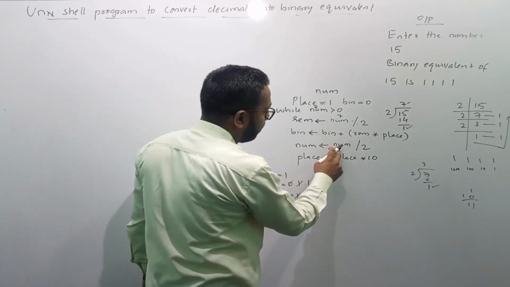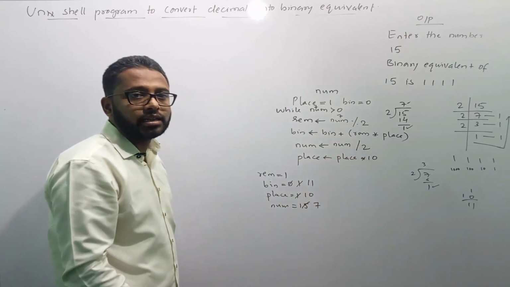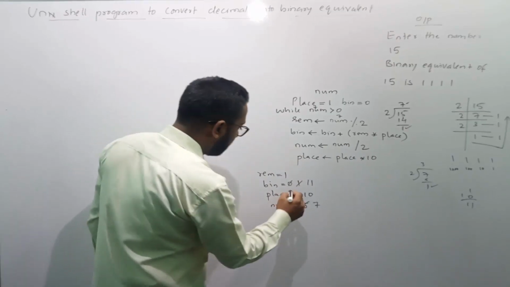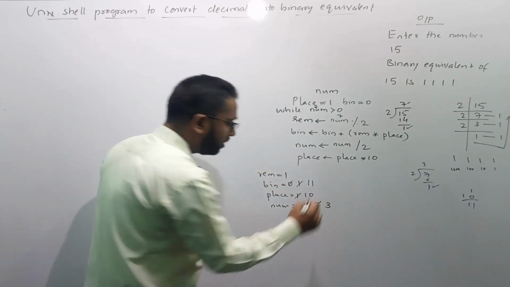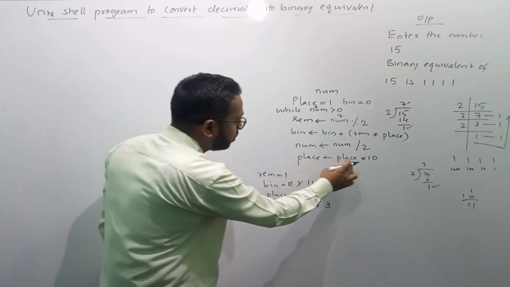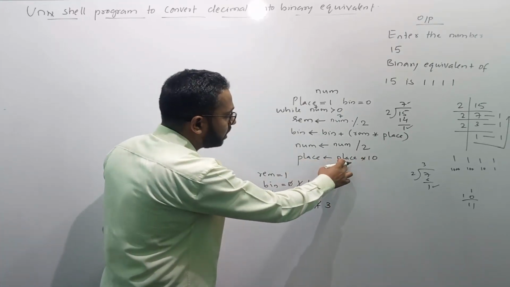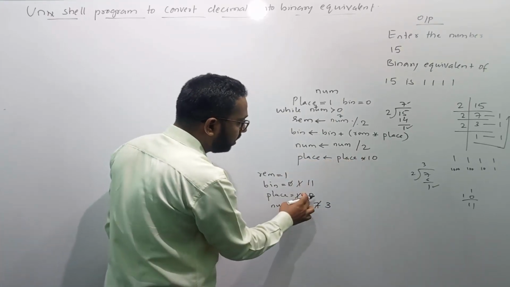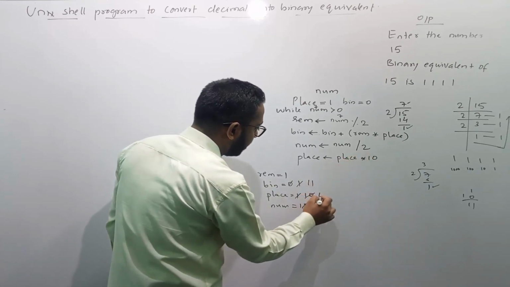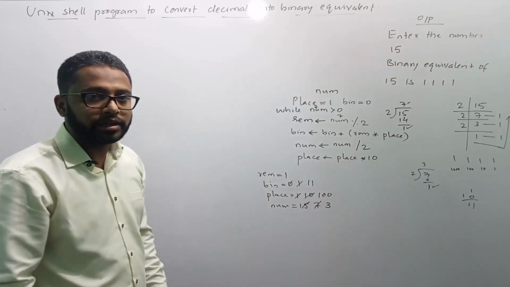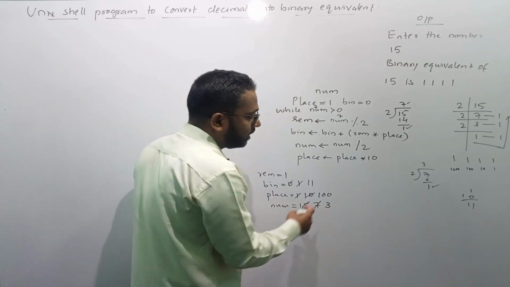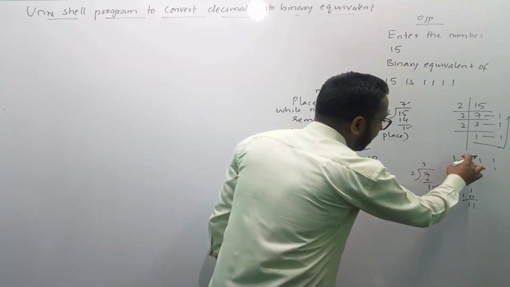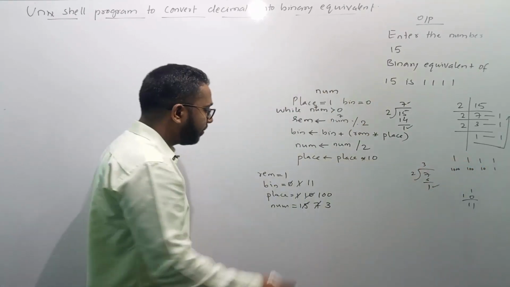Next, num is 7, 7 by 2 we get 3, so num becomes 3. Next, place equals place into 10. Place was 10, now 10 into 10 and we get 100, so place becomes 100. Now we are finding the third bit, whose place is 100.